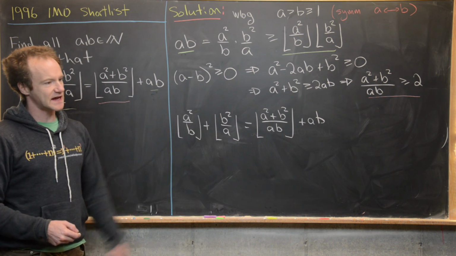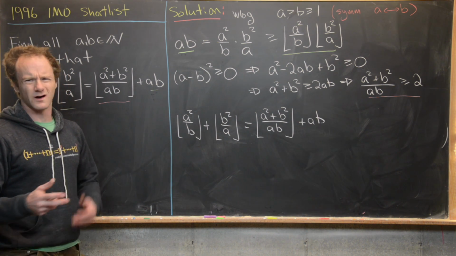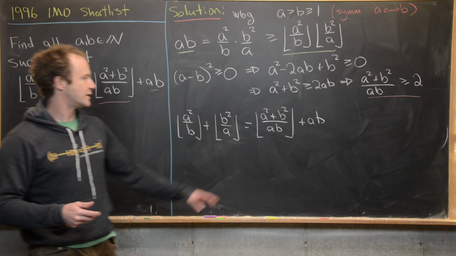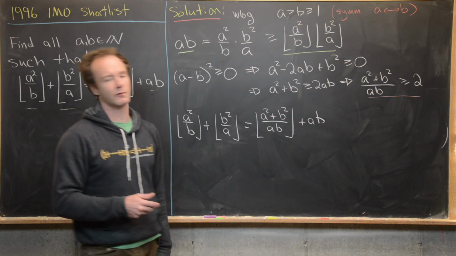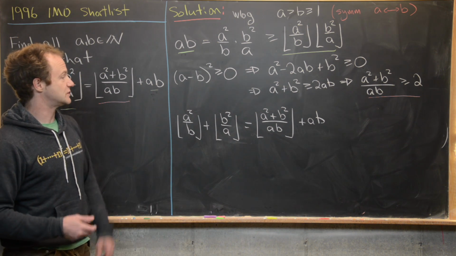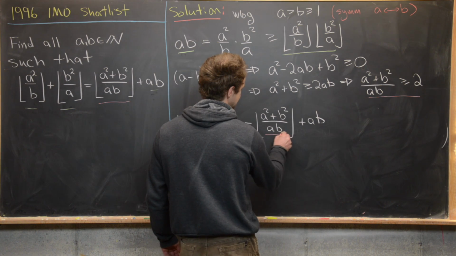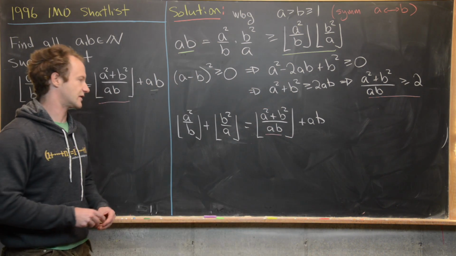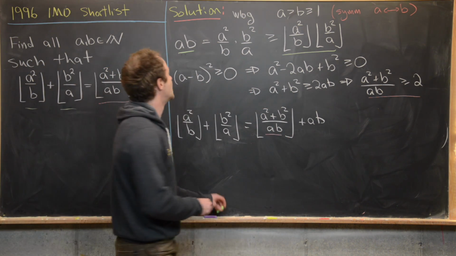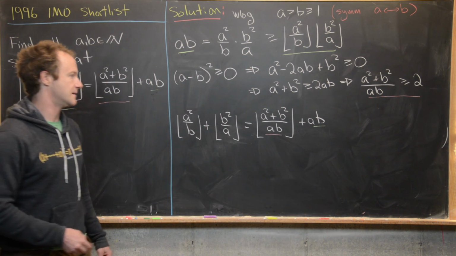Well, the floor is a non-decreasing function, or a weakly increasing function, so we can replace this thing in the floor with 2, and we're definitely going to be bigger than or equal to. So that's what we'll do for each of these. Just to reiterate, I'm going to replace this thing in here with the inequality that I derived in the pink underline, and this thing right here with the inequality that I've derived with the green underline.